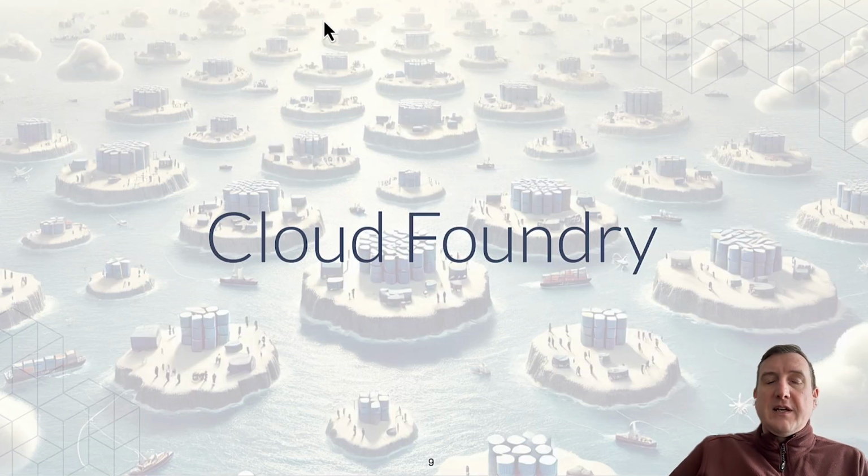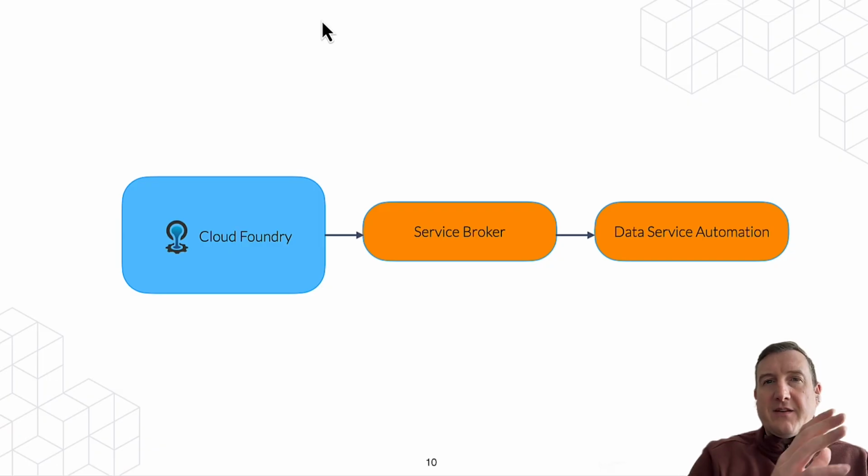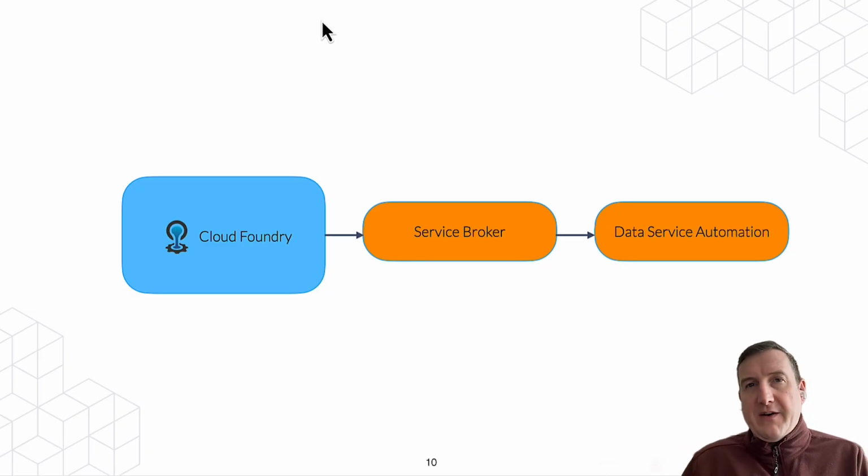So first of all, if you are already a Cloud Foundry user, which I assume, then you know that you've got your Cloud Foundry environments, and in order to integrate databases and database management automation, you are very likely to use Open Service Broker API compliant service brokers, which will then interface with your data service automation.